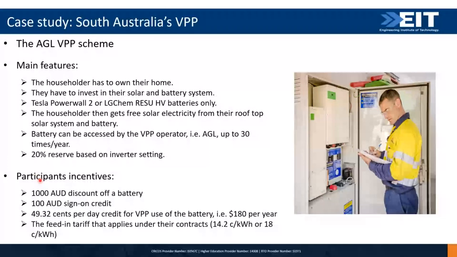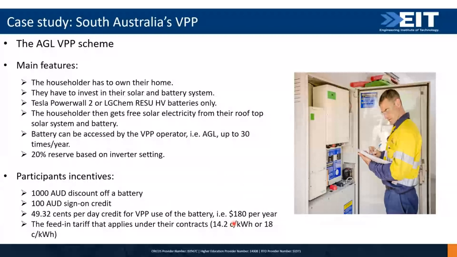Now, the benefit for the battery owner is, first of all, a 1,000 Australian dollar discount for the battery. Also, when they sign the contract, they get $100 credits, and they also get 50 cents per day, or about $180 per year, just for making their battery available to the VPP operator, AGL, regardless of whether the battery is discharged or not.